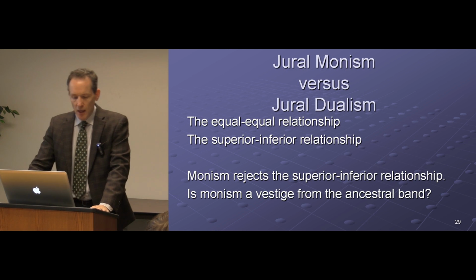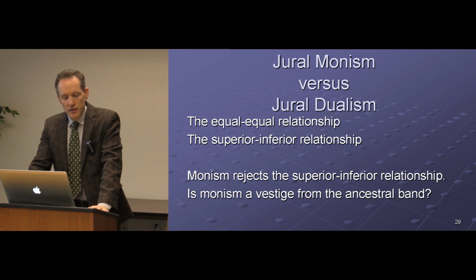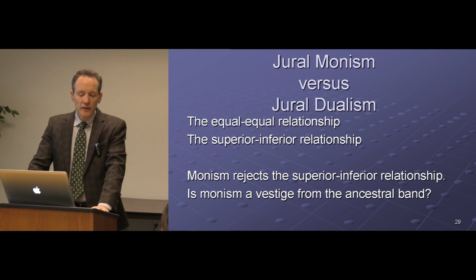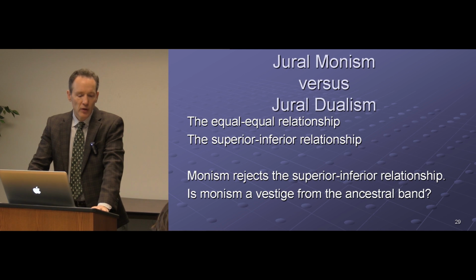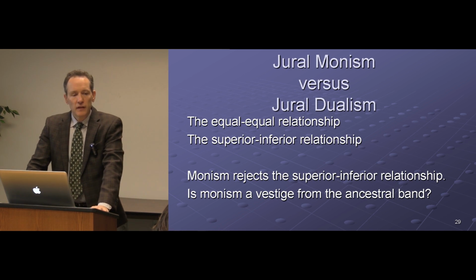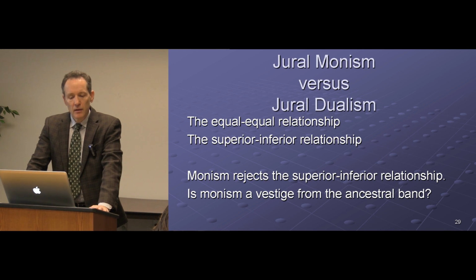Everyone's expected and assumed to respect commutative justice, and you are interacting as equals even if you are unequal in other specific respects that are not jural respects. Then there is the superior-inferior relationship, and this is essentially the governor and the governed.